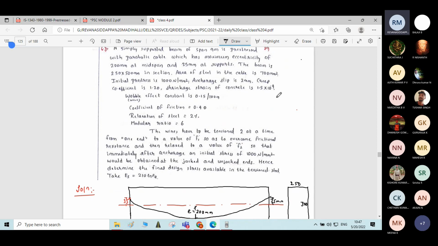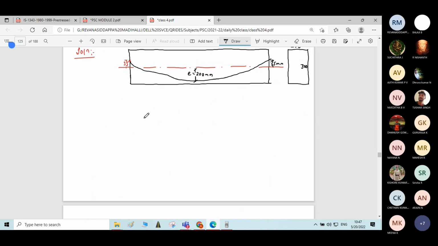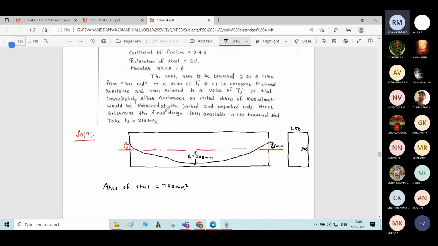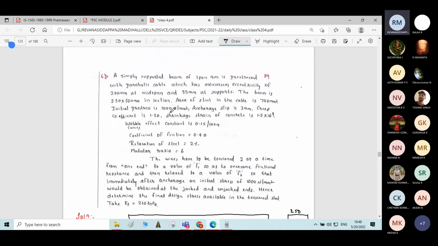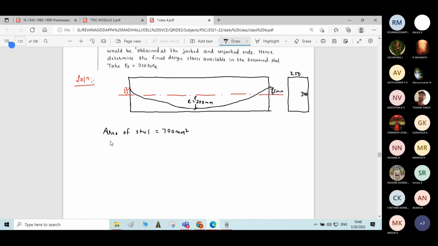Area of steel in the cable is given, 700 mm square. Initial pre-stress is given, 1000 Newton per mm square.